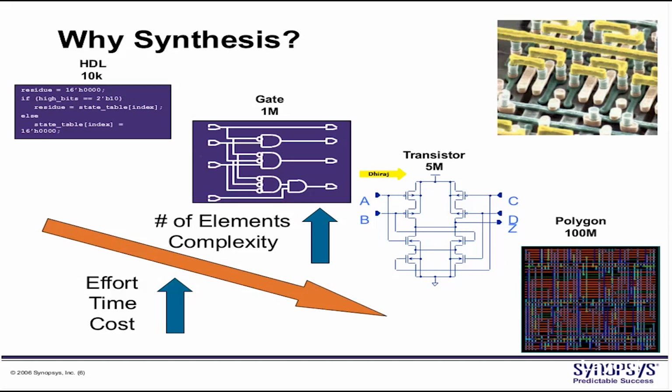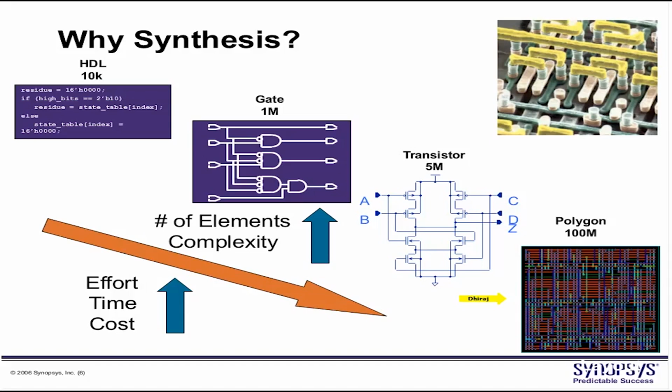Again, this transistor count is then converted into polygons, which is nothing but layout. We also call layout polygons because ultimately they are just a bunch of rectangles, squares, different types of polygons which represent different layers of the chip. Some polygons will represent the metal layer, some will represent the poly layer, and so on.